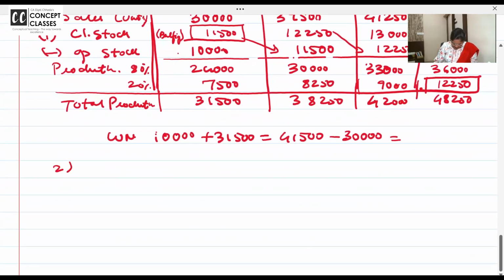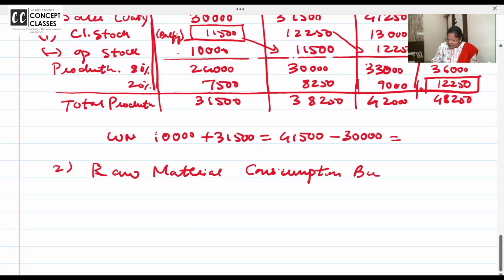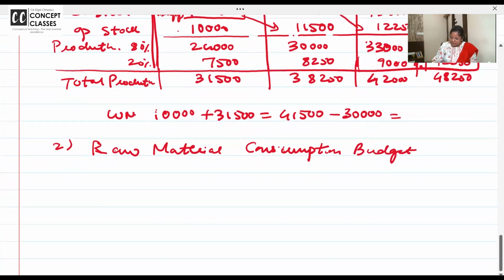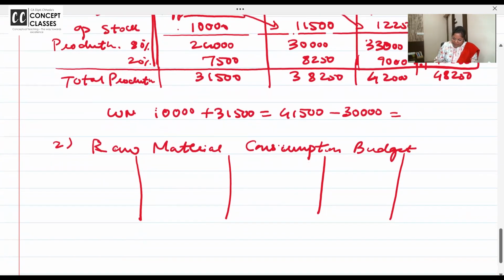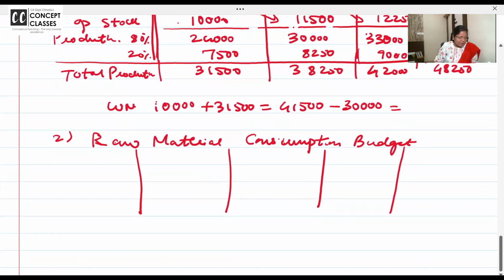Now, according to the production, can we prepare the raw material consumption budget? Raw material consumption budget. बिल्कुल वैसे ही same. अच्छा, please remember once you get production, number of units produced is your base for all the other budgets.